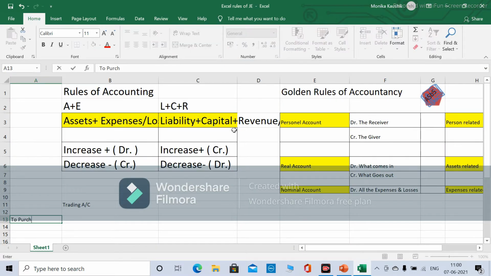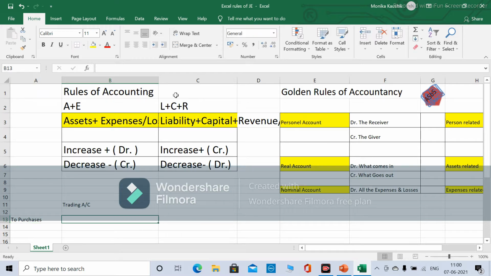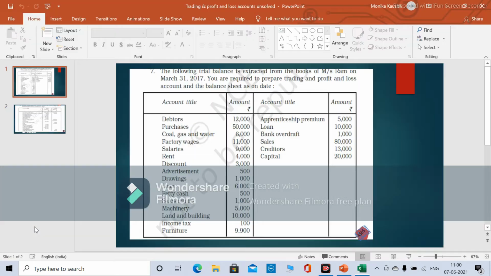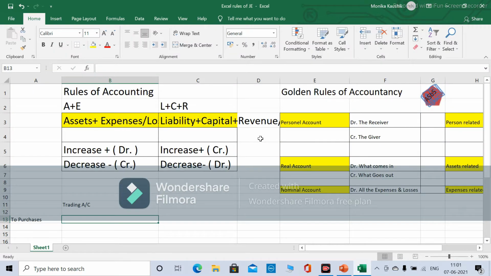To purchases. Since purchases are given, we need to find out whether purchase return is given or not. No purchase return is given here, only sales return. So net purchase will be 50,000.